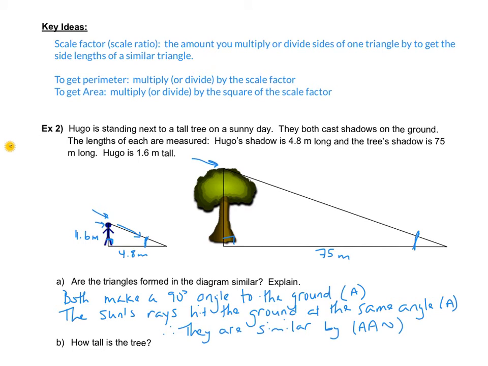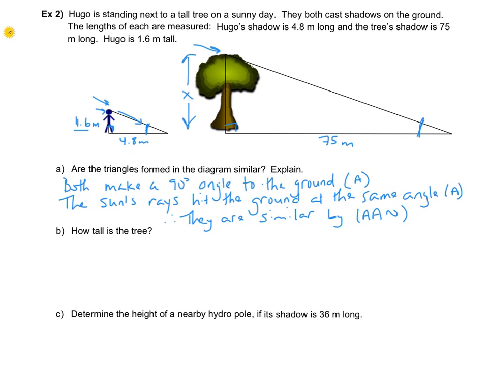All right, now let's use our similarity to solve for how tall the tree is. I could let x be the height of the tree, so that would be this length here. That side corresponds to Hugo's height. So I know because those triangles are similar to each other, I can use the proportionality to solve for x. The x, the height of the tree, corresponds to Hugo's height, which is 1.6.